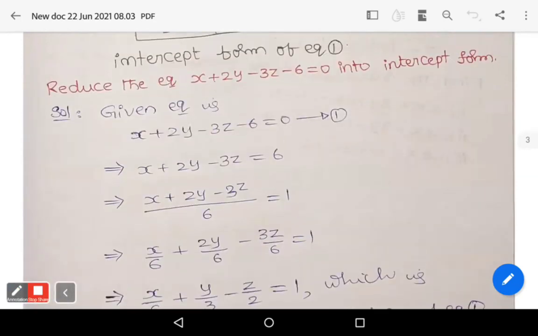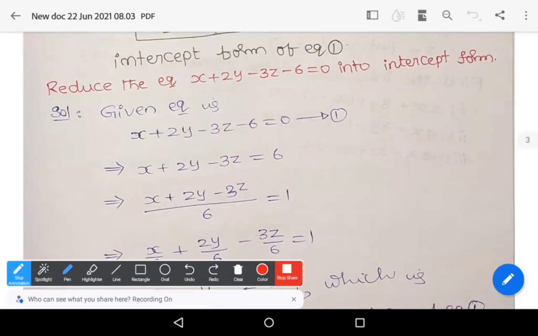In a similar manner, the second question: reduce the equation x plus 2y minus 3z minus 6 is equal to 0 into intercept form. Shift this minus 6 to the right side, you get plus 6. x plus 2y minus 3z is equal to 6.